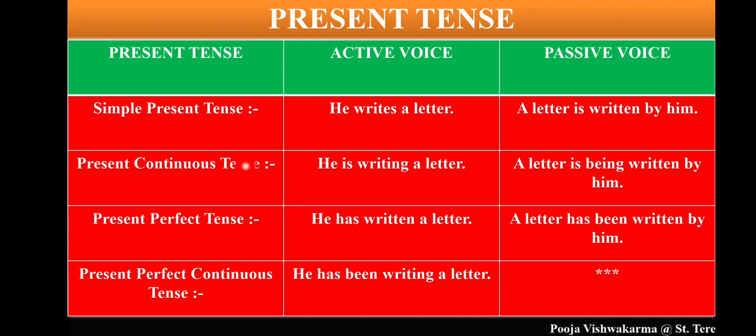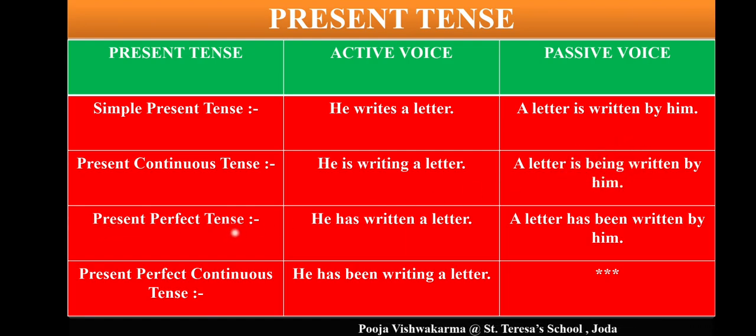So I have just made the table. Let me just read it out for you. Simple present tense, as I told you, he writes a letter. In the passive voice it will be a letter is written by him. For present continuous tense, he is writing a letter. So what changes are made here? Here I'll be using being. Be very careful, here being is used.